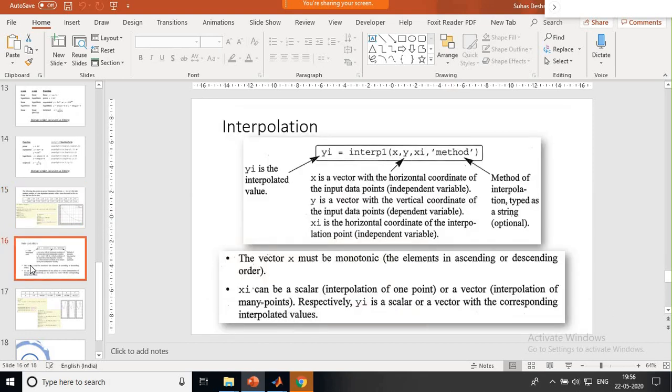But in interpolation, it is expected that each and every data point should hit and pass through the curve. For this purpose you can use an interpolation function. In this, y is my output interpolated value. This is the interpolation function, already there: x point, y point, xi is the input, and what kind of method you are going to adopt. That is the way you can locate it.